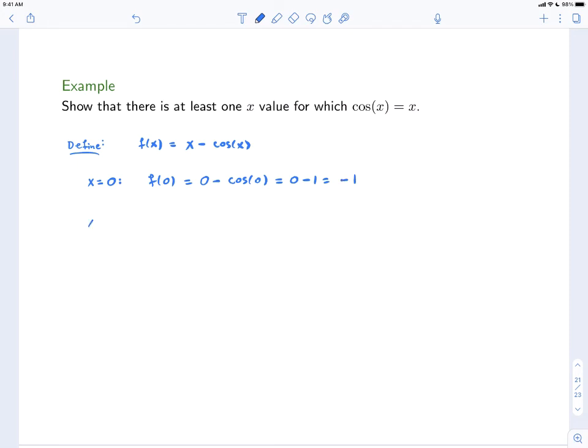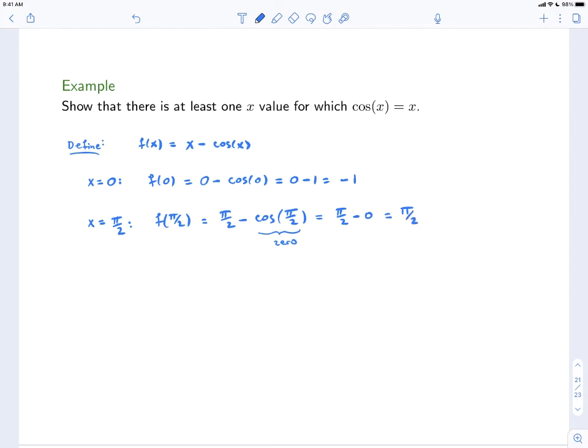Let's try something like x equals pi over 2. F of pi over 2 is equal to pi over 2 minus cosine of pi over 2. Well, cosine of pi over 2 is 0. So this is pi over 2 minus 0, which is, of course, pi over 2.